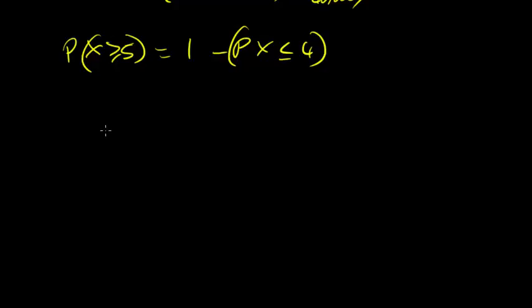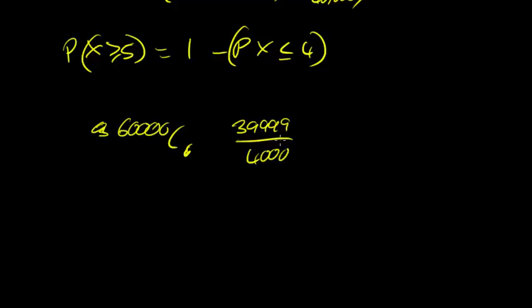So my first option is 60,000 C0, and then the chance of 39,999 out of 40,000, and I'm just going to set this up with 1 over 40,000, and I'm just going to copy it before I put numbers in.